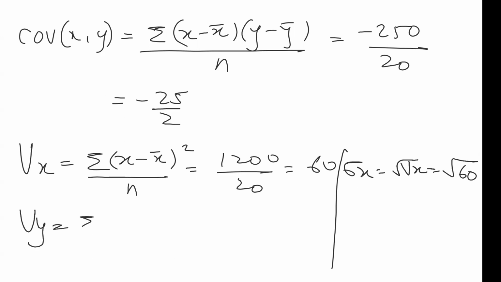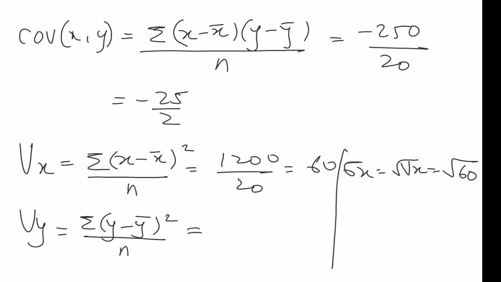Variance of y, summation of y minus y bar the whole square upon n. See, there are two formulae for variance. I'm using the deviation formula, x minus x bar the whole square, y minus y bar the whole square. So the formula should be very much clear to you, whatever you're doing.